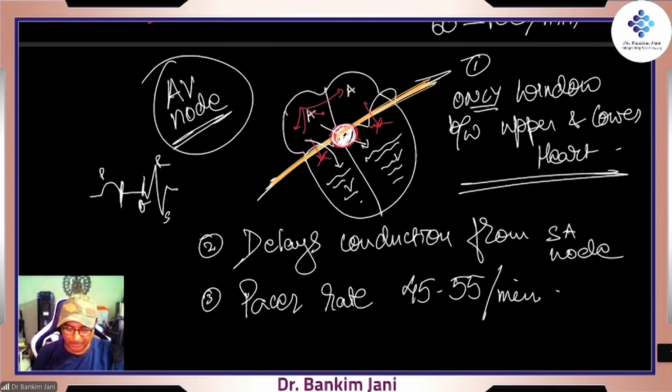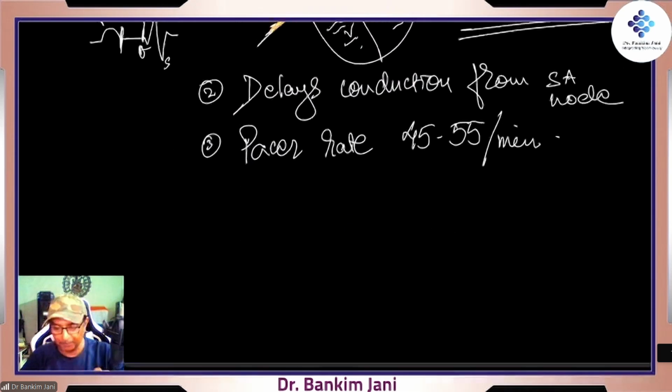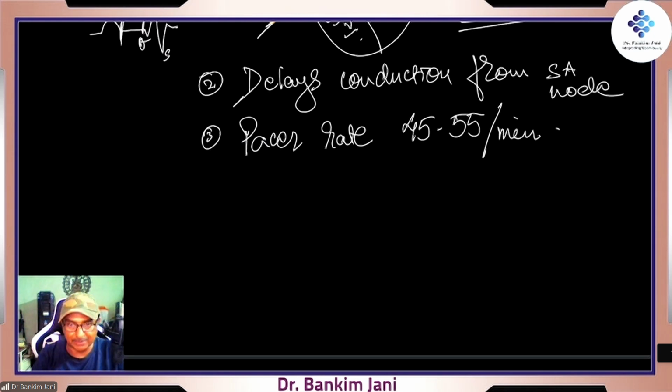Every time, enthusiastically, the AV node says, my signal is ready, I'm sending. Then the signal from the SA node comes and says, quiet, send this signal. It says okay, no problem, next time, and starts processing again, and again the signal from the top comes. This is the pacemaker rate, but it is not dominant, it is dominated by the SA node. That is called overdrive suppression: it is suppressed because of the more powerful, more frequent signal from the SA node.